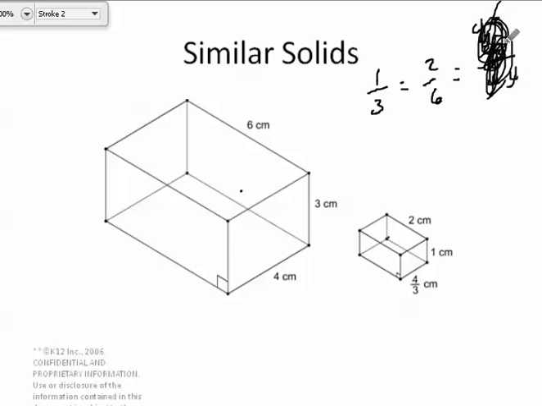That last one's kind of messy. Mark that one out. Well, you can see that this is 3 and 1, 6 and 2. Right? So 1 divided by 3, 2 divided by 6, 4 thirds divided by 4.